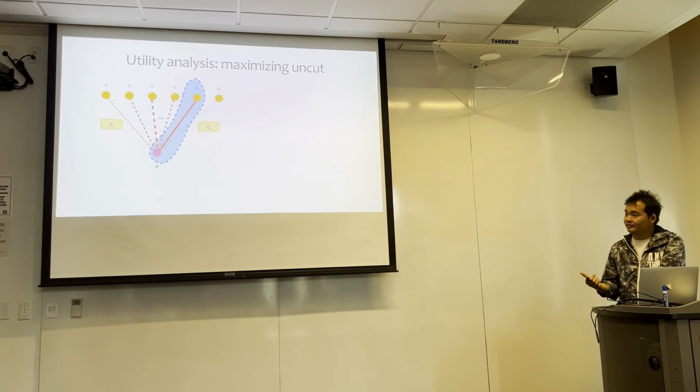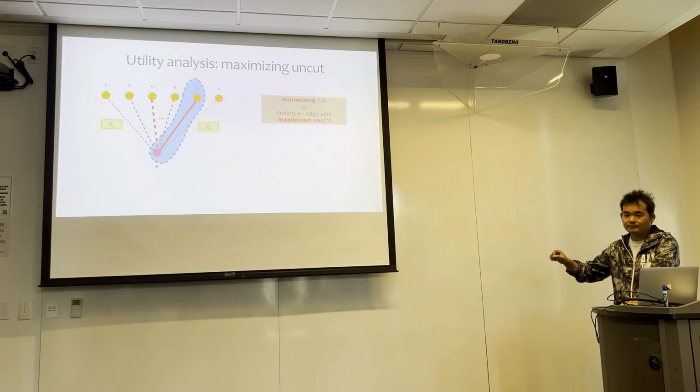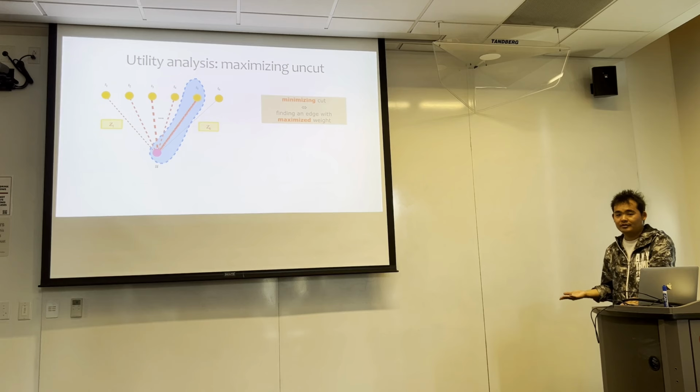So each cut includes k minus 1 noises, and with the trivial analysis the error is k squared because sensitivity is k. But you may already have noticed that minimizing the multiway cut is exactly maximizing the weight of the edge that you want to keep in the graph, right? So clearly, it's just like a report-noisy-max over k candidates, and each candidate contains only one noise. This is why we can save a k factor for the star graph. That makes sense?